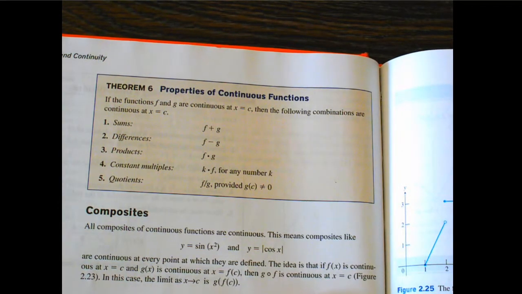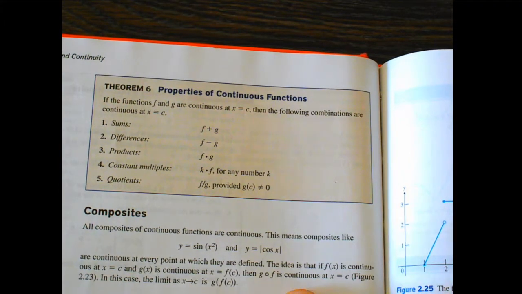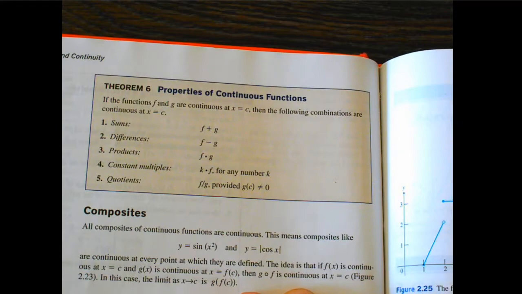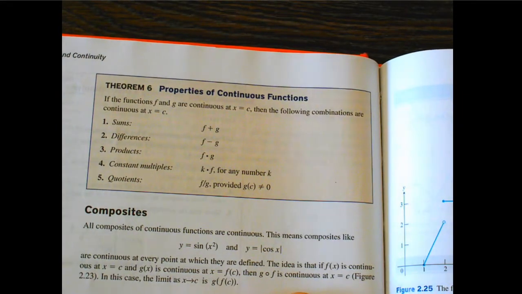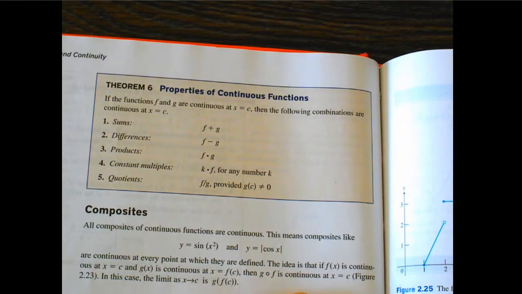Sums, you can add the functions together, still continuous at that point. You can take the difference, f minus g is still continuous. f times g is still continuous. Any constant multiple times f is continuous. And quotients, f divided by g is continuous as long as g of c is not equal to 0.